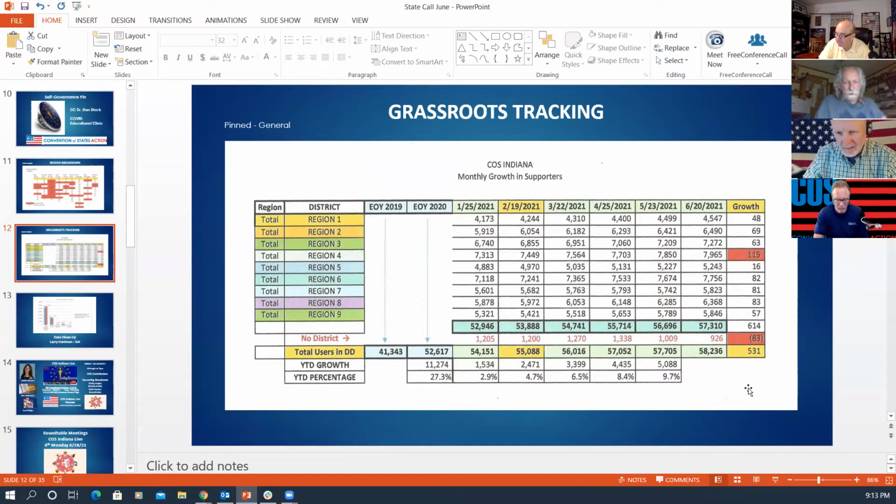Plus, now we're going to know that whatever we see is fake. We'll have real numbers if we clean up the database. That's the only way to operate, with real information. And quite honestly, I think this is probably one of the reasons why it's not a high priority for national to correct this, because if this is affecting our numbers, can you imagine what effect it would have on their numbers?